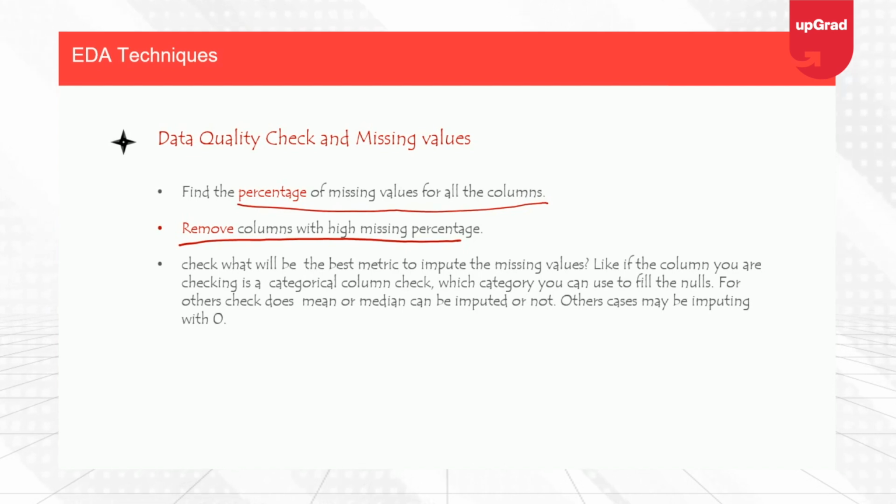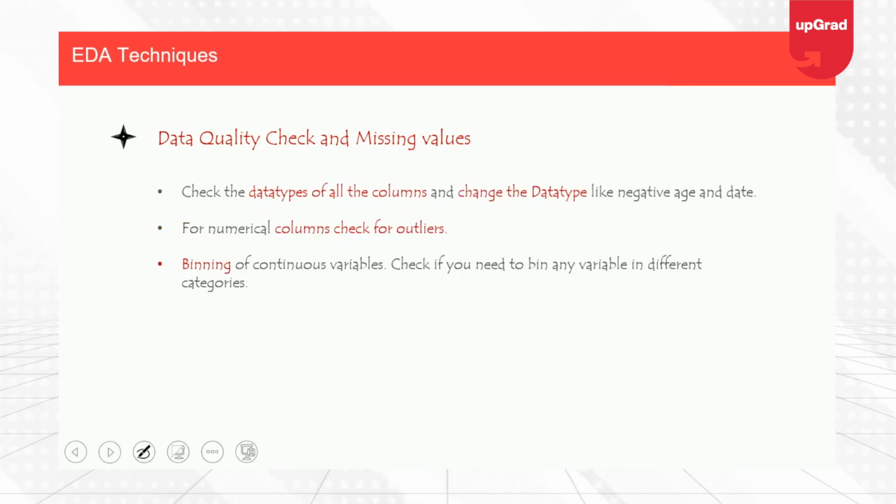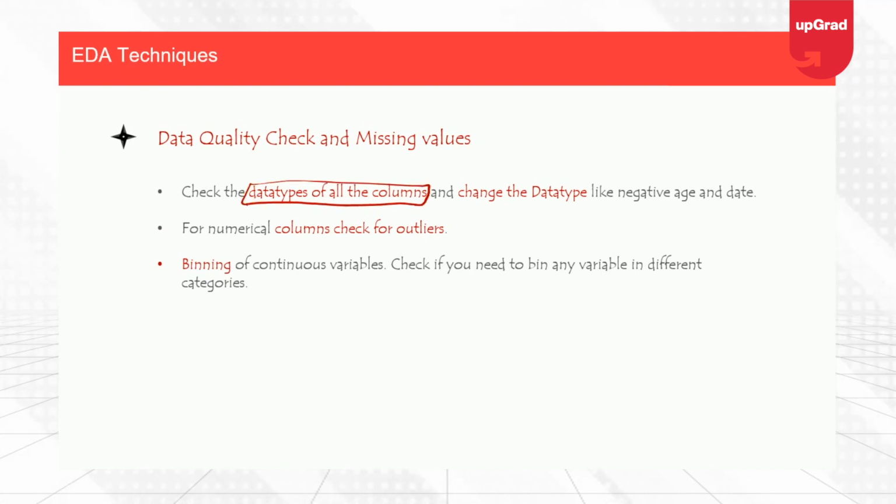Once we have done the data quality check properly and the missing value treatment properly, the next step is to check the data type of the columns. So this is very important. When you load any data in pandas, many a times you will find that not all the columns are loaded properly.